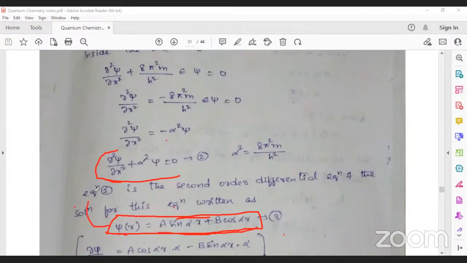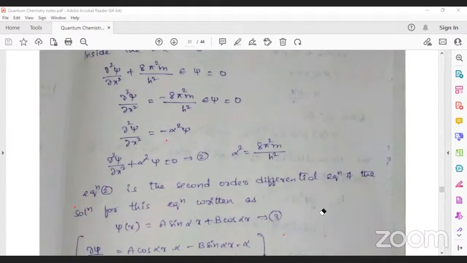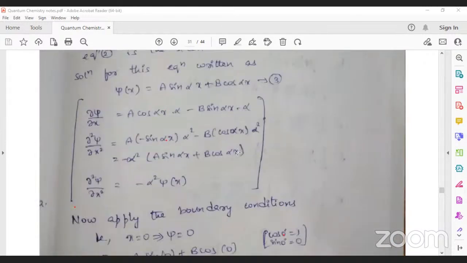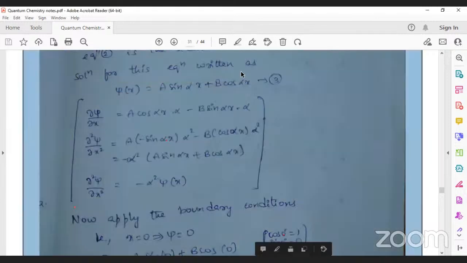Whether the solution is correct for this second order differential equation or not, we'll see. By simplifying this equation, we check whether we get a similar second order equation or not, right? So here in the square bracket, this is the solution ψ(x).